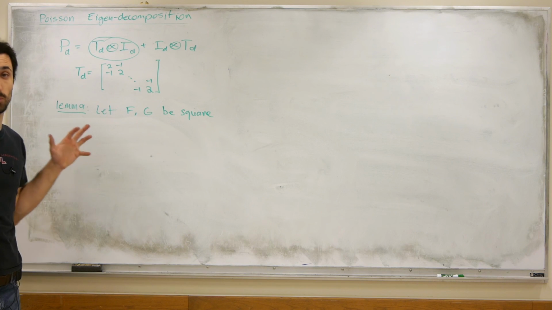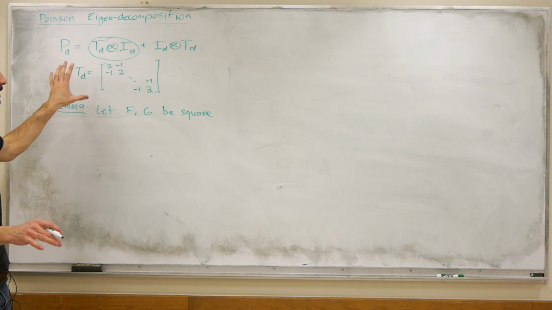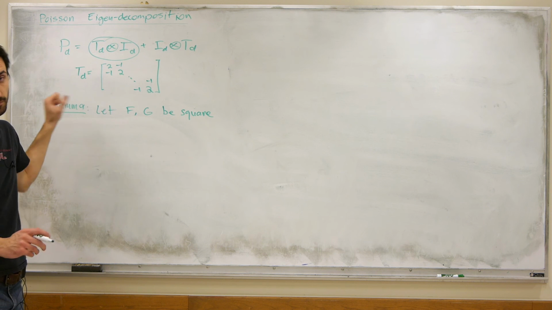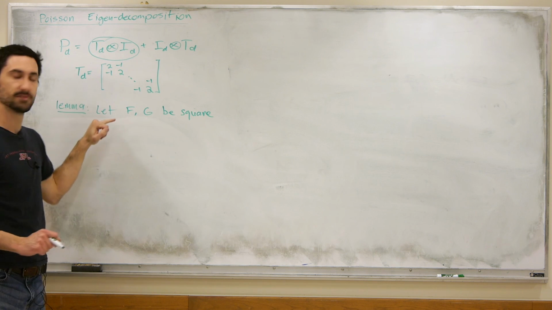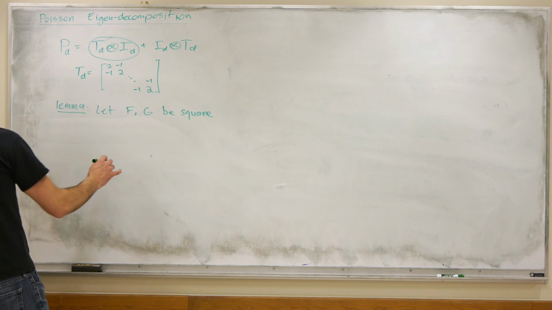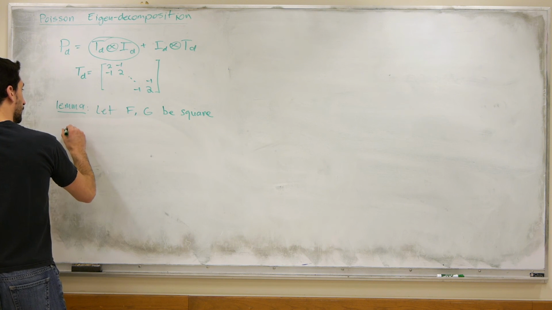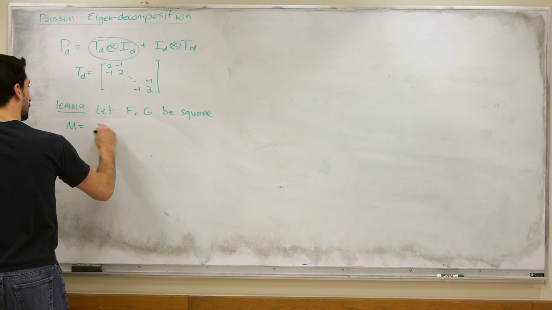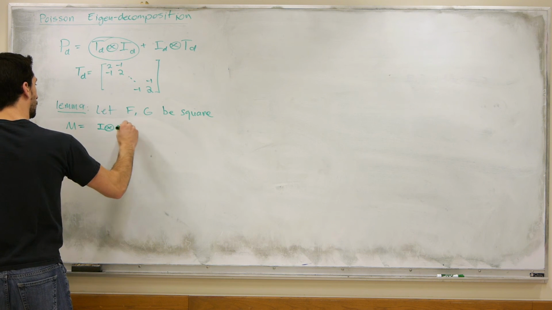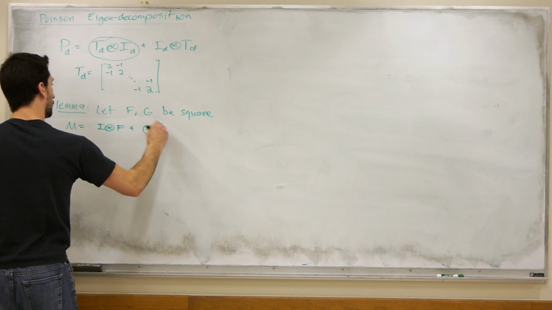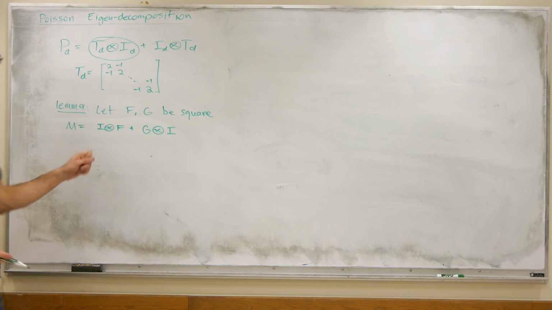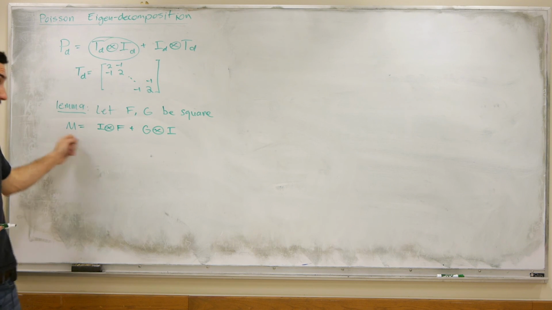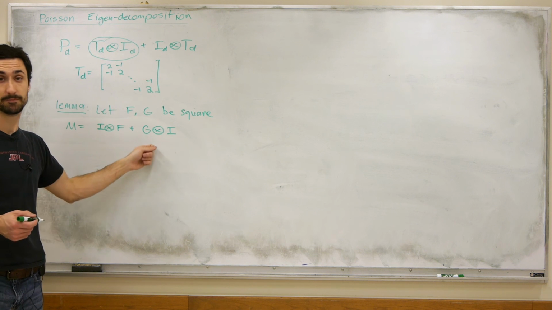That brings us to a lemma we're going to use to finish looking at the eigenstructure of a Poisson matrix. So let F and G be square matrices, and then consider the following. The claim is that the eigenstructure of M is determined by the eigenstructure of F and G.